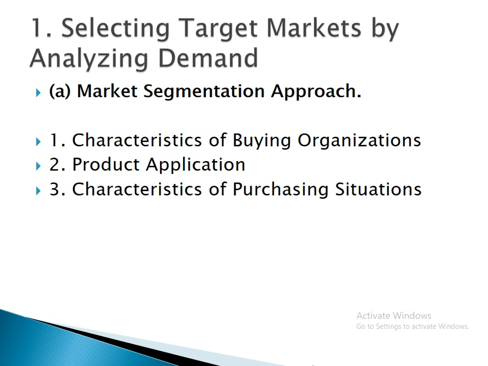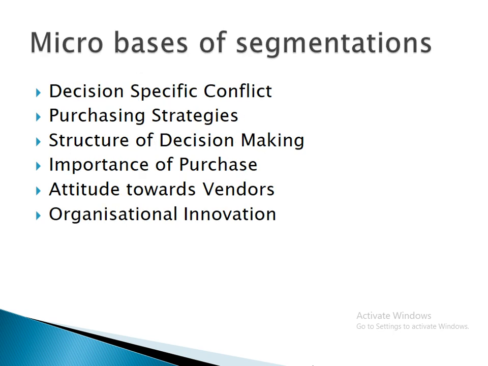On that basis, the characteristics of the buying organization, you can do market segmentation. Or maybe product application, or the characteristics of purchasing situations, like the type of buying situation or stages of the purchase decision process.